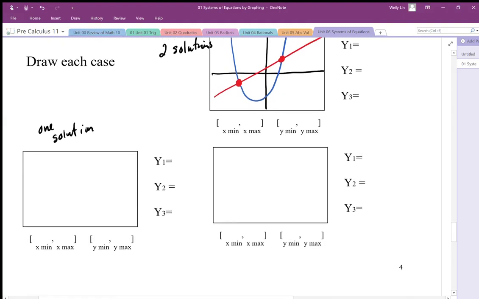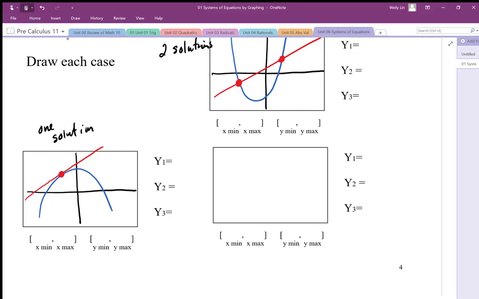A one solution case is when we have our quadratic, so I can draw it upside down in this case, and we have a linear system, and it just touches. That is a one solution situation. So it is possible that a linear quadratic system can generate one solution.